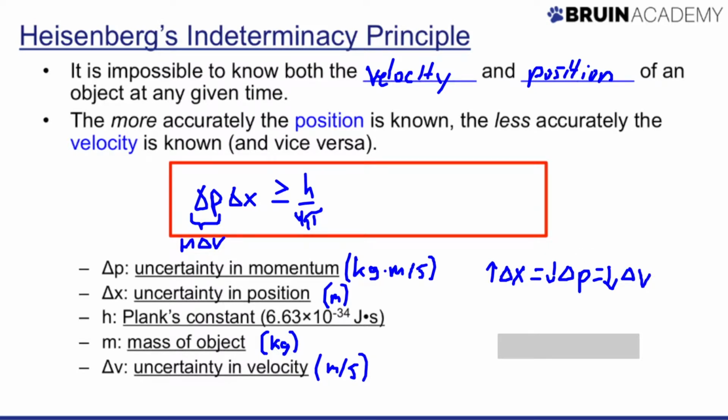And of course the opposite is also true. As your uncertainty in position decreases, your uncertainty in both the momentum and velocity increase. So conceptually, you can't know both the velocity and position of any object. The more you know about one, the less you know about the other.